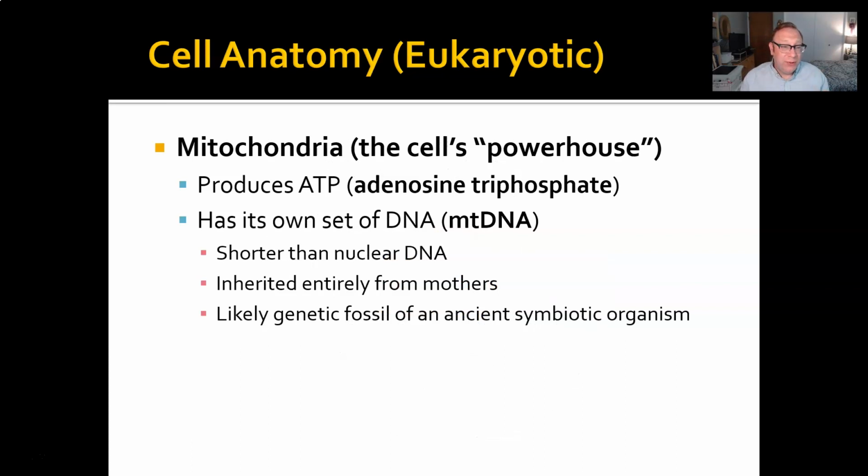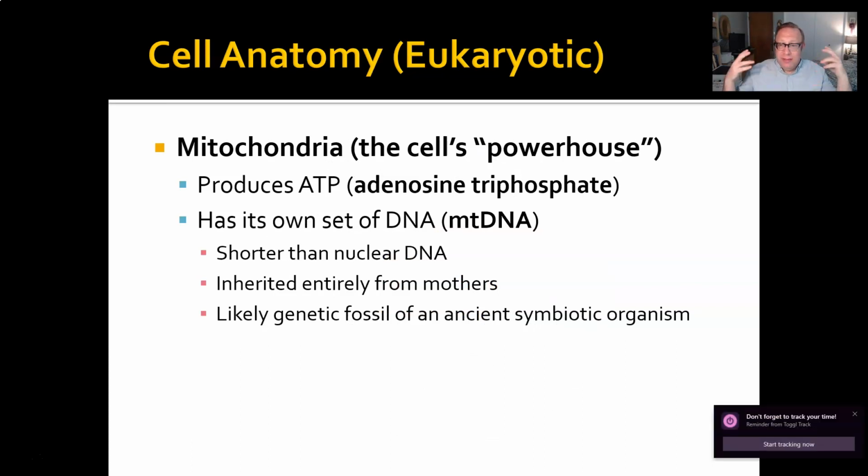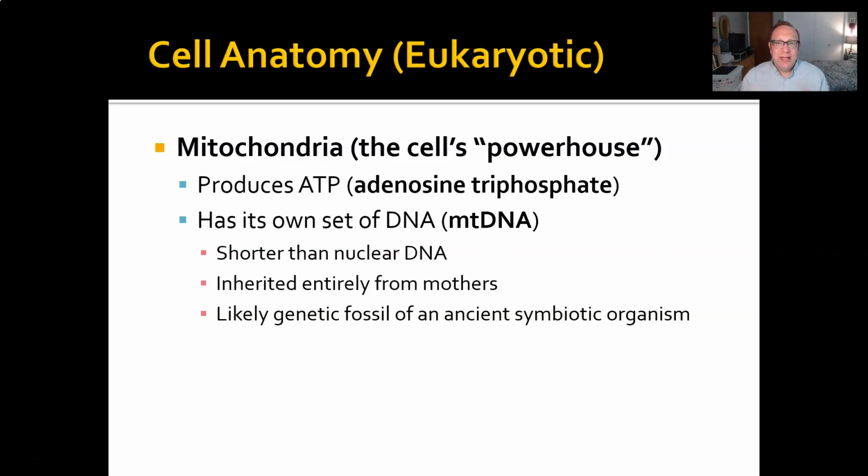Next you have mitochondria. Mitochondria are sometimes called the powerhouses of the cell. That's because they produce a molecule called adenosine triphosphate, which helps drive a lot of chemical reactions in the cell. So it makes those things possible. Mitochondria, interestingly enough, have their own set of DNA.